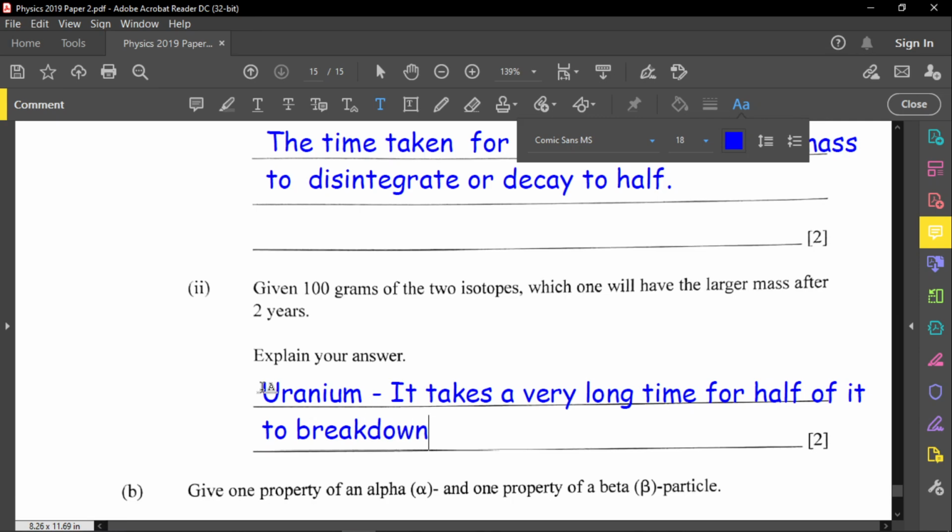They take a very long time for half of it to break down compared to thorium. So thorium only has 24 days, and this one takes a number of years. All right, so that will be your answer right there.